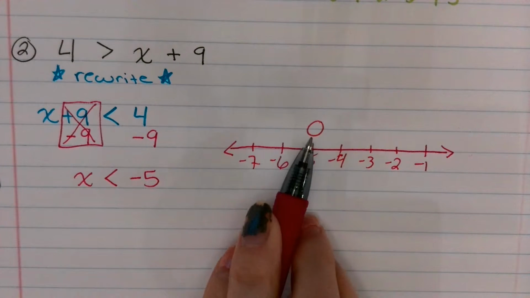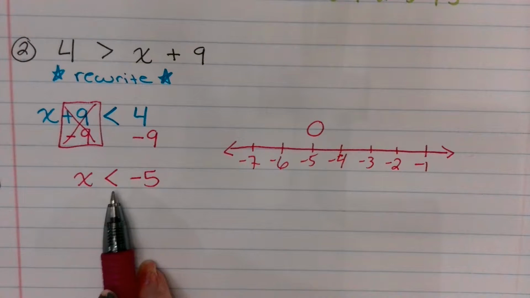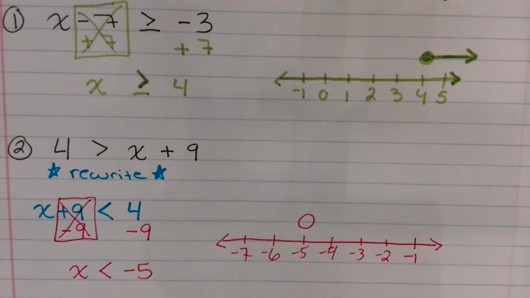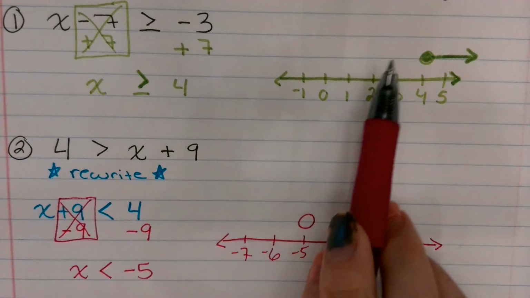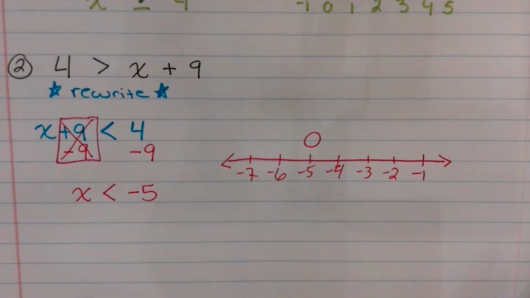It's going to stay an open circle. It's going to remain open because it does not have an equal sign underneath it. Remember, with the first problem, we had an equal sign underneath it, and that's why we filled it. That's why we closed the circle. This does not have that equal sign, so that circle is going to stay open.